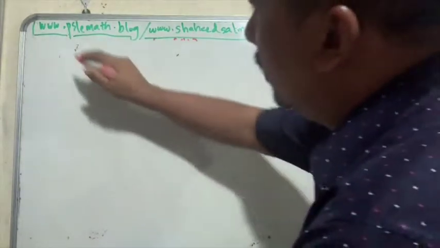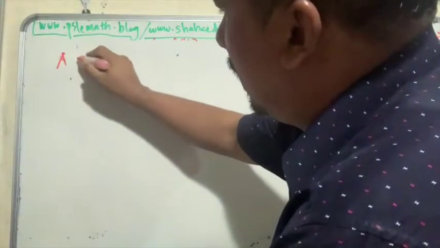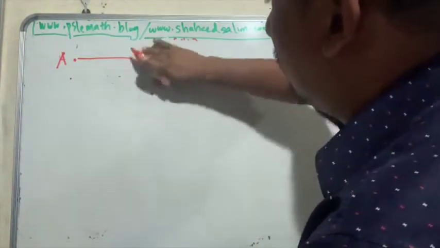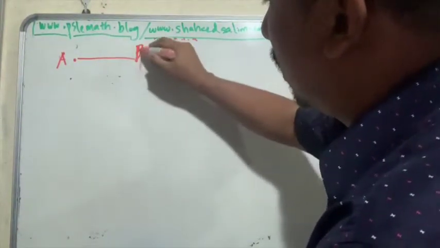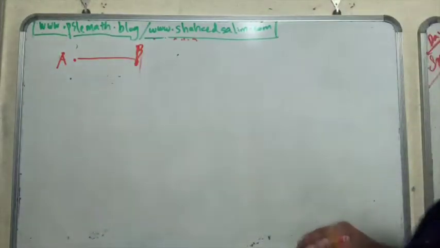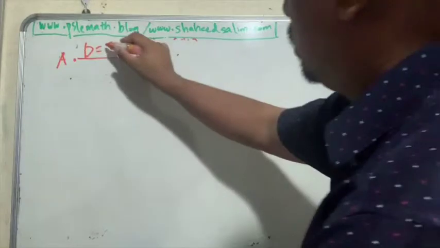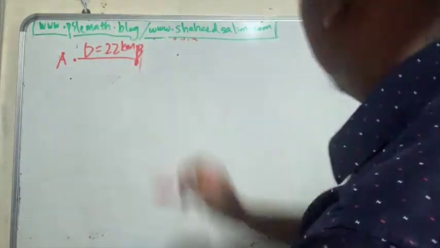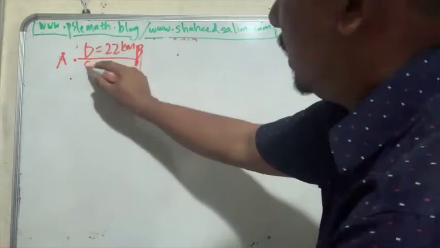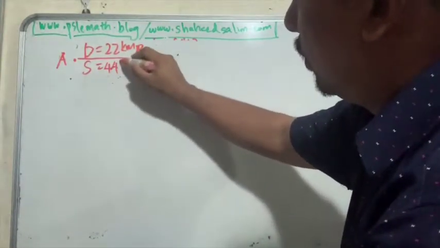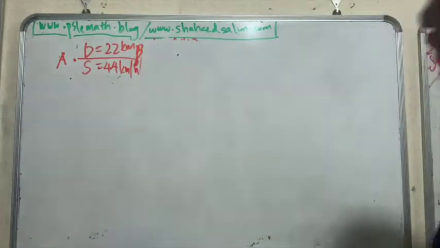We have Ravi driving from town A to town B. Alright, let's put it here. Town A to town B, and the distance he traveled is 22 kilometers, and the speed he traveled at is 44 kilometers per hour.